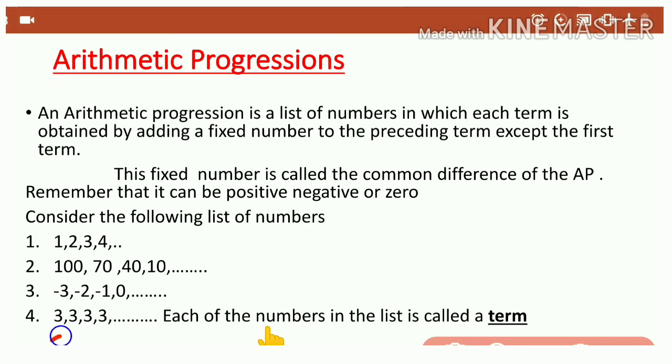The first term is 3, the second term is 3 plus 0, adding 0 to the previous term. Next is again 3 plus 0, and again next is 3 plus 0. These individual numbers in the list are called the terms.